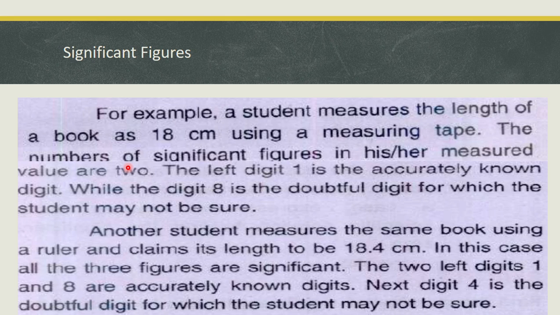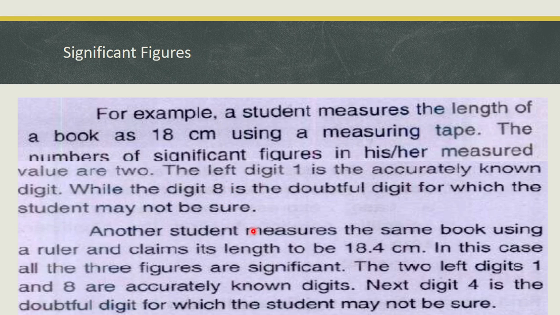Now you see, the first digit 1 is accurately known, while 8 is a doubtful digit for which the student may or may not be sure. Maybe when he measures again, it says 17, or 18, or 19. So 1 is the accurately known digit, while this 8 is the doubtful digit. So it has two significant figures.